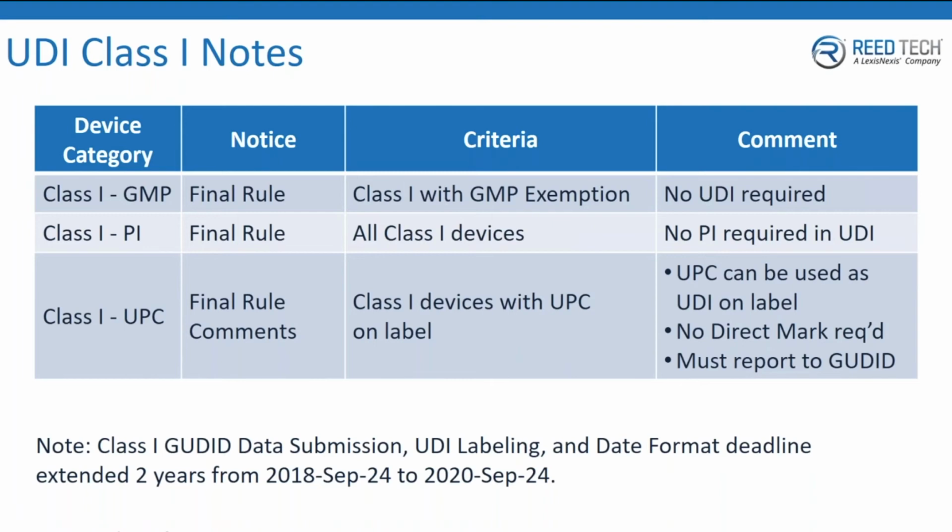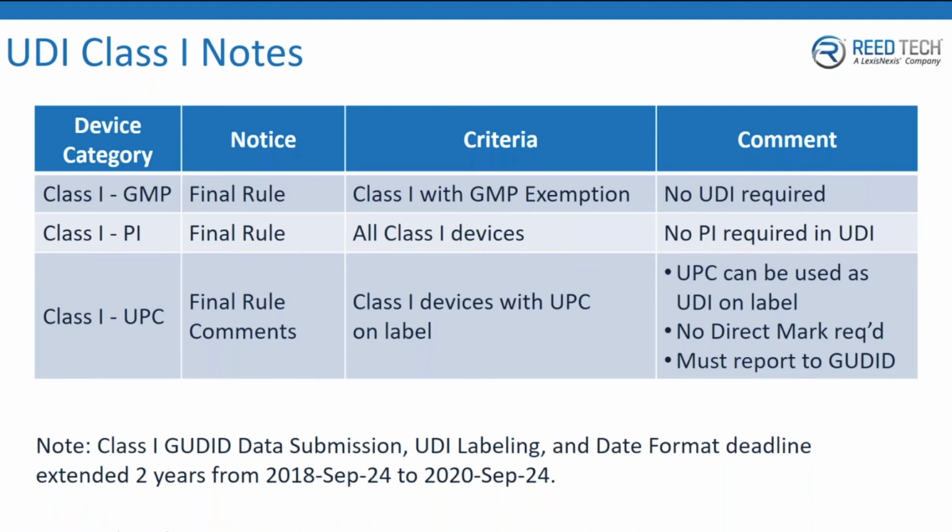The other very broad exception is that all Class 1 devices only need to have the device identifier portion. So the production identifier is not required to be in the UDI. And the third major note here is that in the event you distribute your product in a retail environment and make use of a UPC on your particular label, then that particular UPC identifier can be used as a device identifier and serve as the UDI.